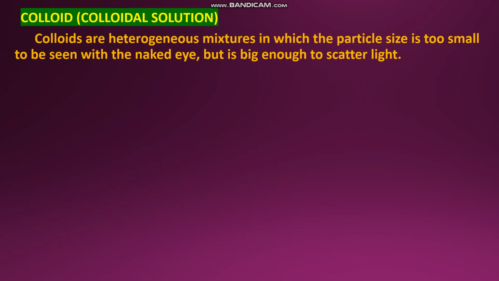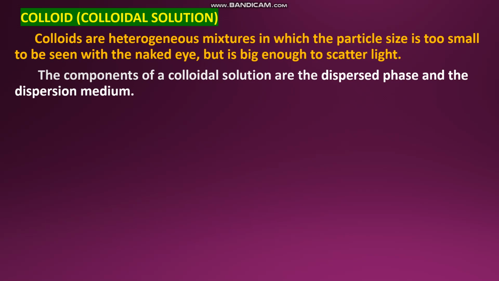So let us see its definition. Colloids are heterogeneous mixtures in which the particle size is too small to be seen with the naked eye, but is big enough to scatter light. That means we cannot see the particle in colloid, but it is big enough to scatter the light. These particles of a colloid appear to be homogeneous, but actually they are heterogeneous mixtures.